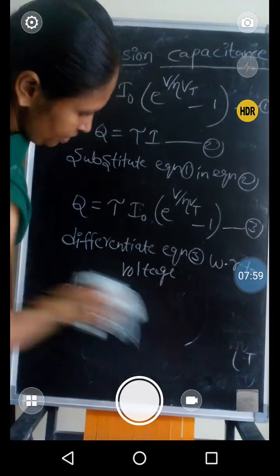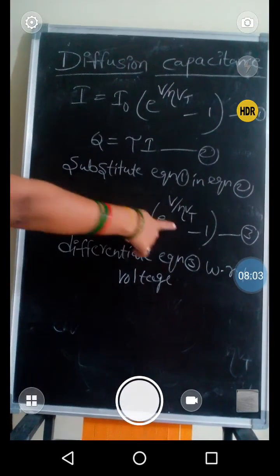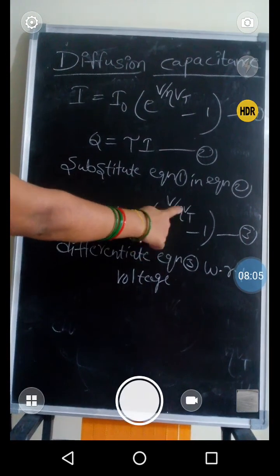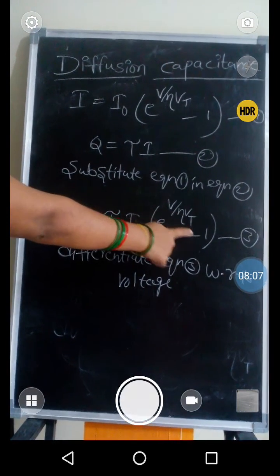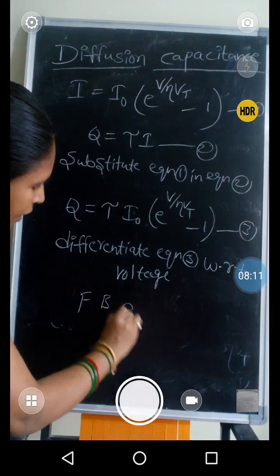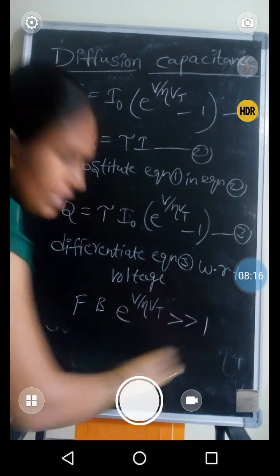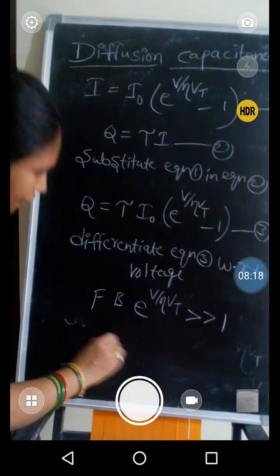Before differentiation, in equation 3, e power V by eta Vt minus 1, in forward bias condition e power V by eta Vt is very much greater than 1. We can neglect the 1.